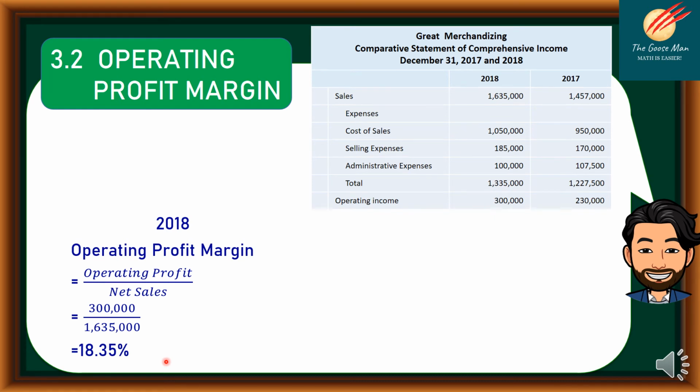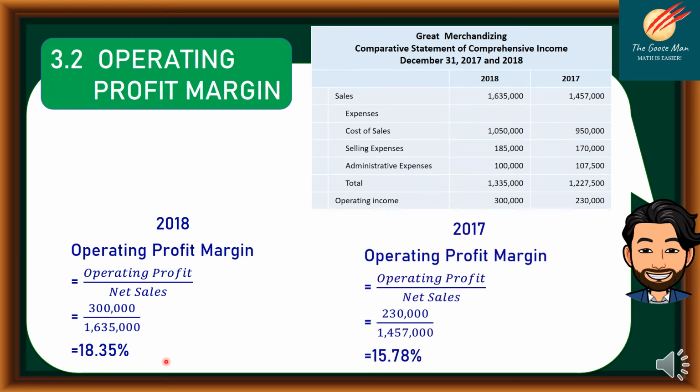So we have an operating profit margin as of 2018 of 18.35%. While for 2017, the operating profit margin is equal to 230,000 divided by 1,457,000, or 15.78%. So we can say that the operating profit rate improved in 2018 from 15.78 to 18.35%.